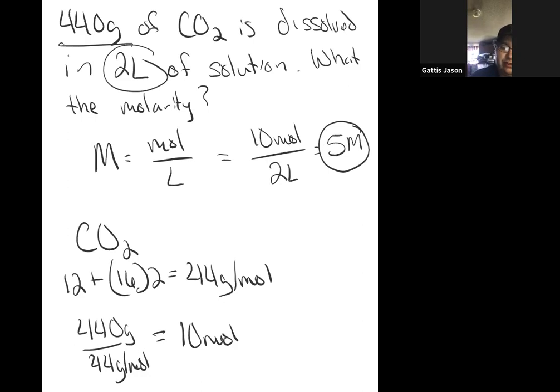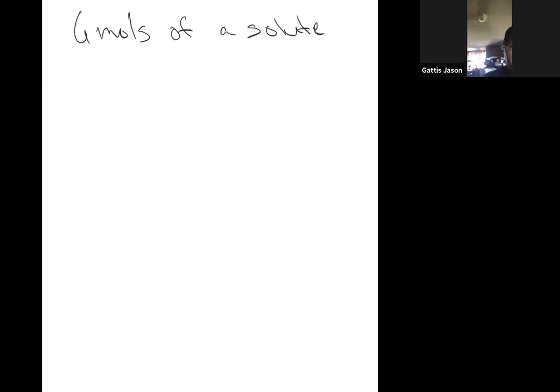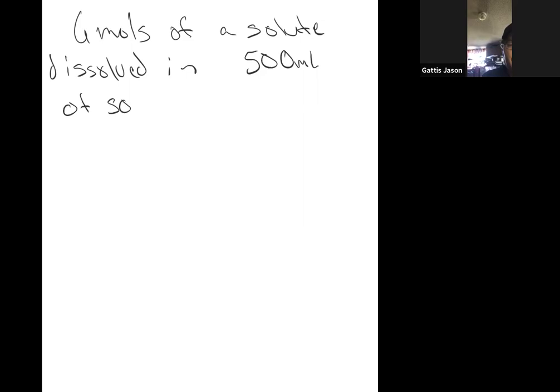Now, another way this could come at you would be to say you've got 6 moles of a solute. It doesn't matter really what it is. Dissolved in 500 milliliters of solution.